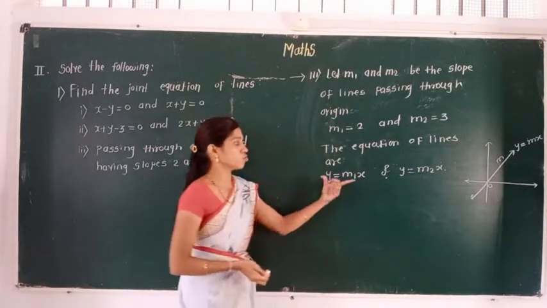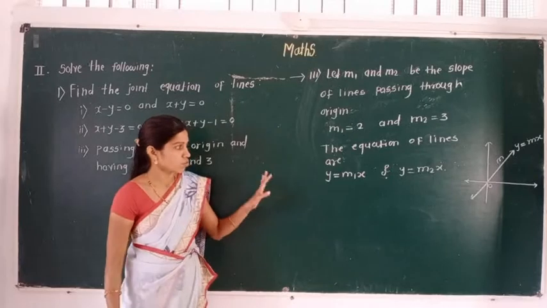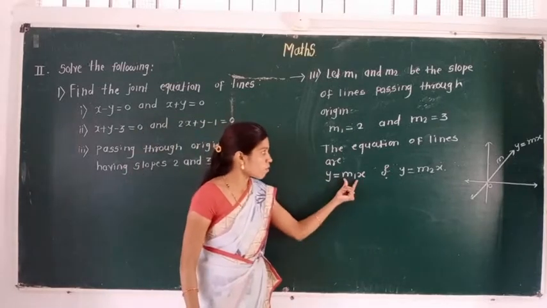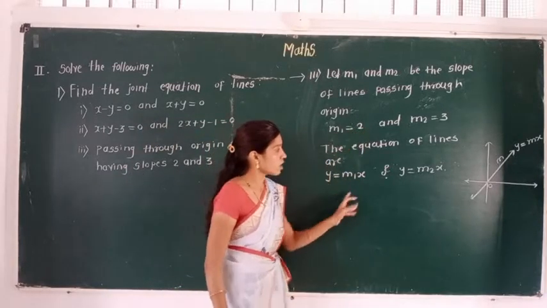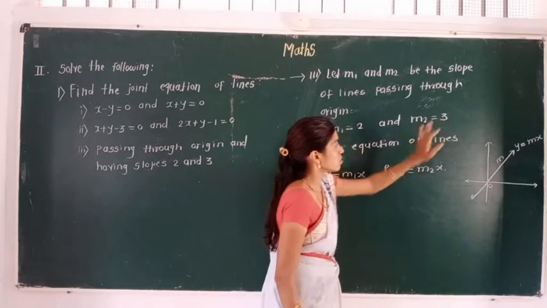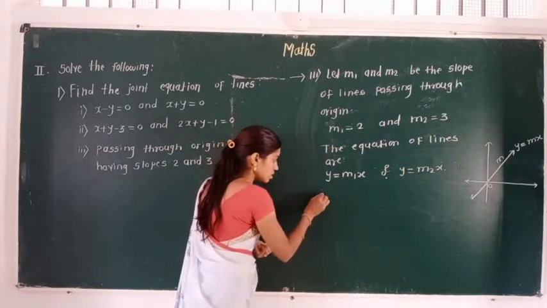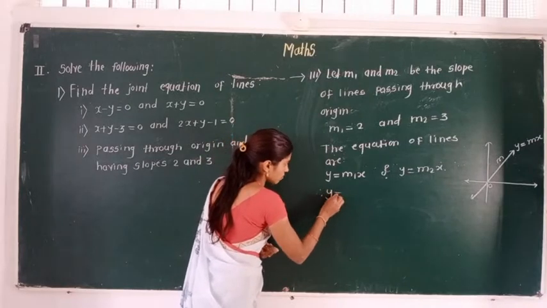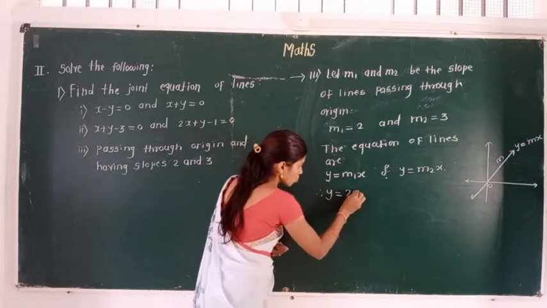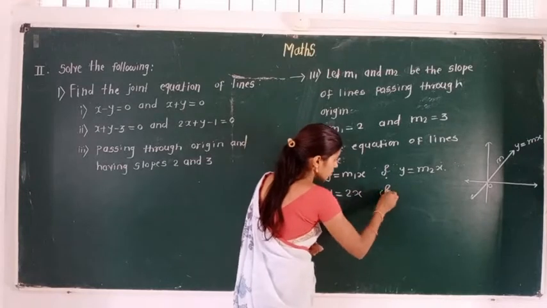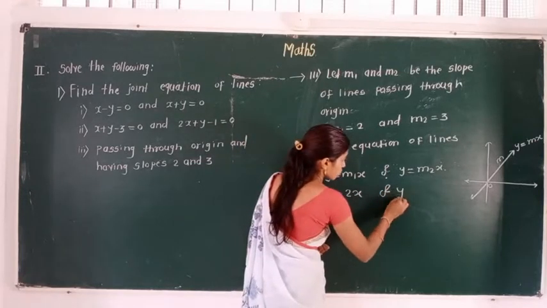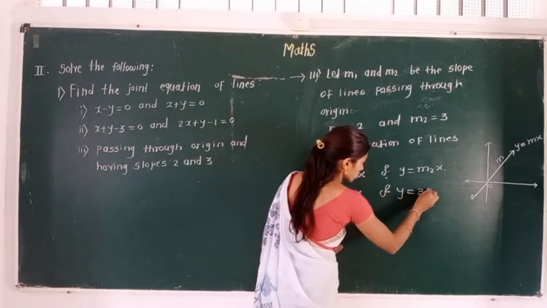Okay, these two are the given lines, but we have been given the slope of the first line as 2 and the slope of the second line as 3. Put these slopes in these equations. We write the equations y is equal to 2x and the second equation is y is equal to 3x.